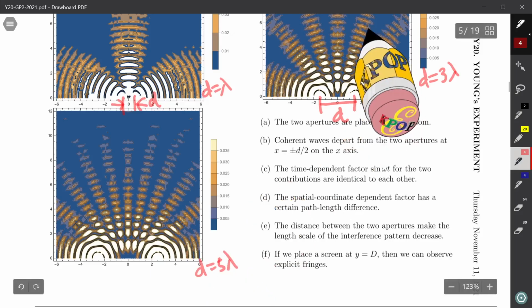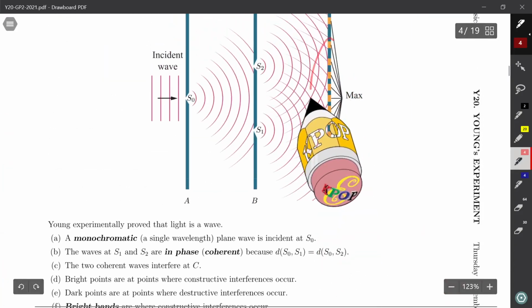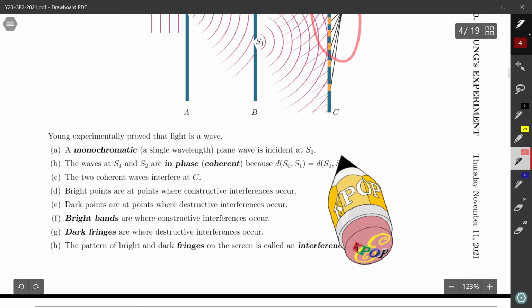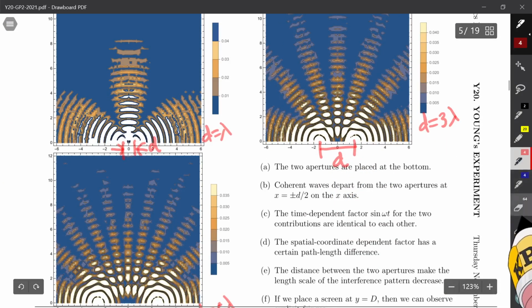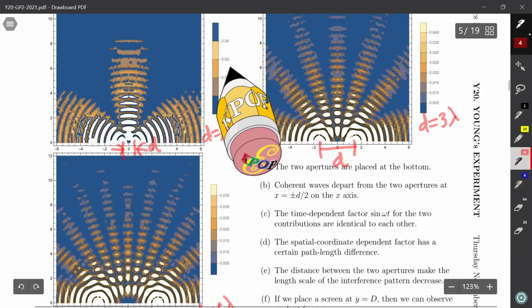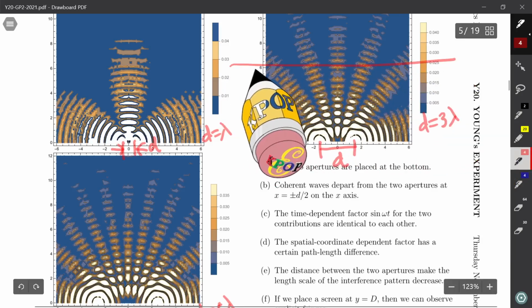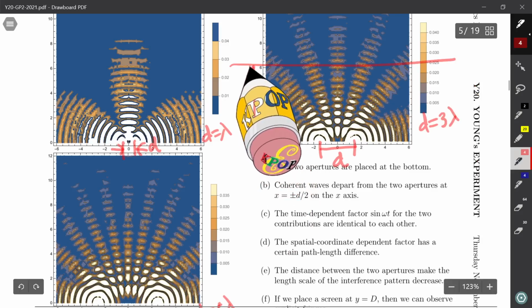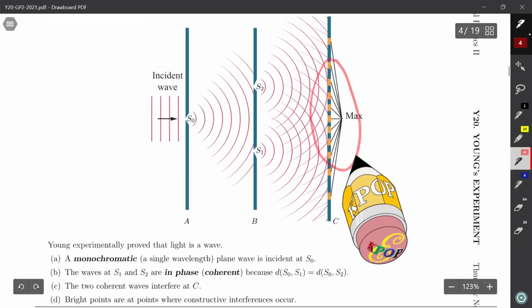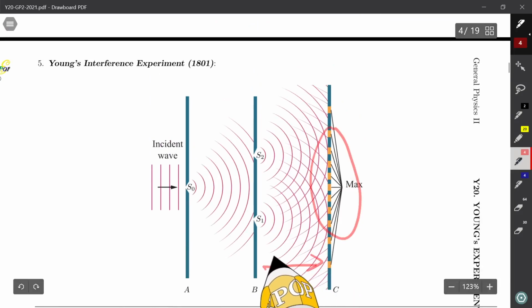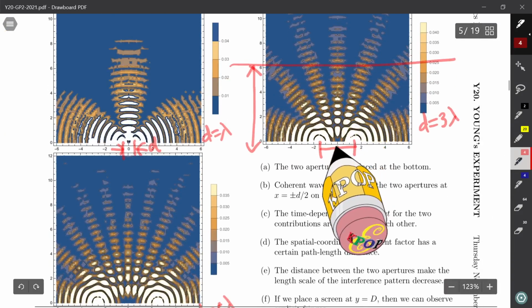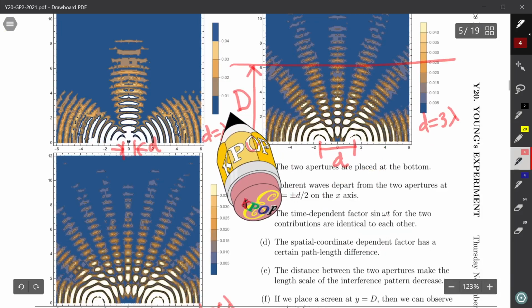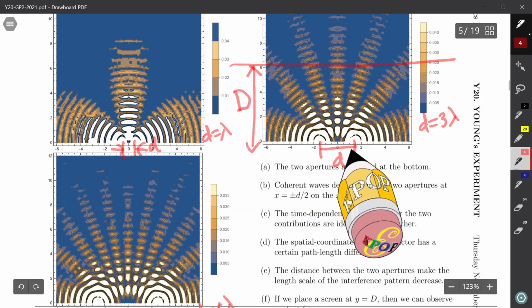Interference pattern. This interference pattern can be observed in this experiment. If we cut somewhere, we say the distance capture D from B to C. The small d is the distance between the two apertures.